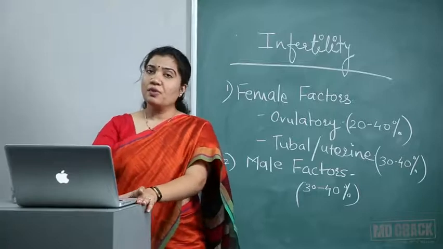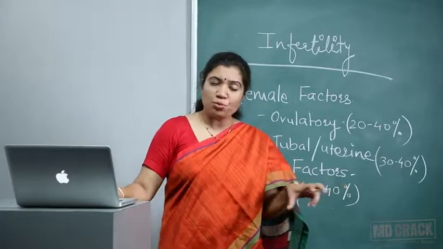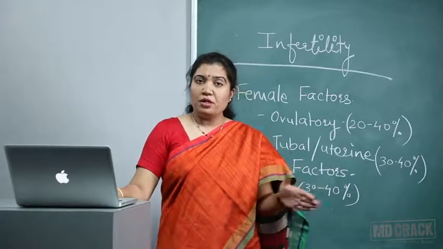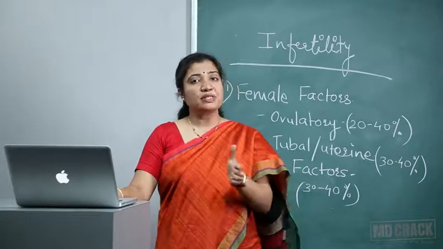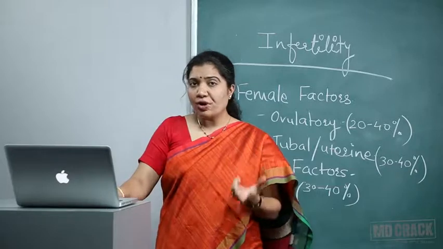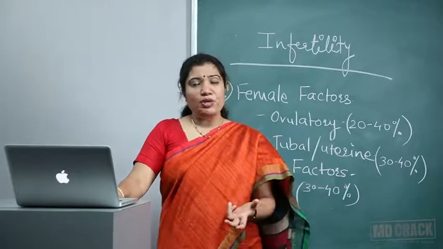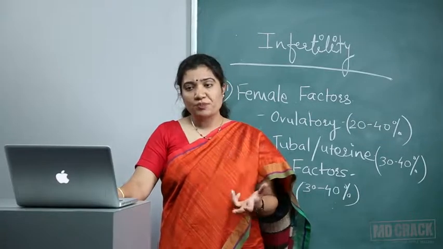How is it done? Around the ovulation time, we are doing ultrasound monitoring of the follicle. When we know that the follicle is of 20 millimeter size or around, the ovulation is likely. At that time, we ask the couple to have coitus, maybe early morning, and then we ask them to come to the clinic within 2 hours.